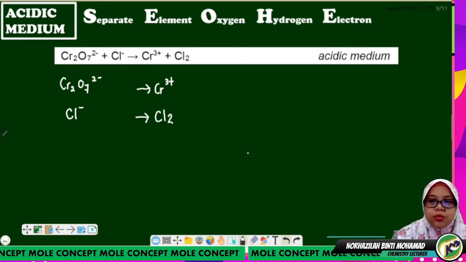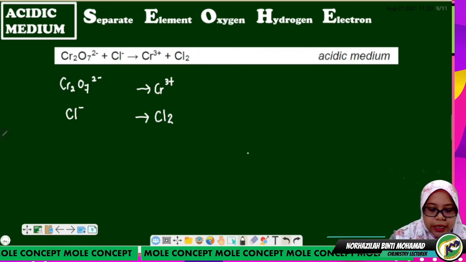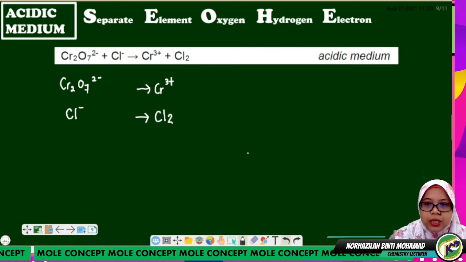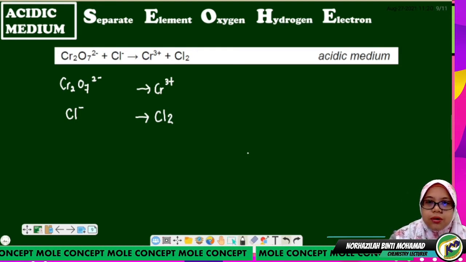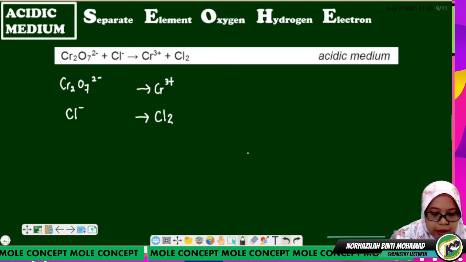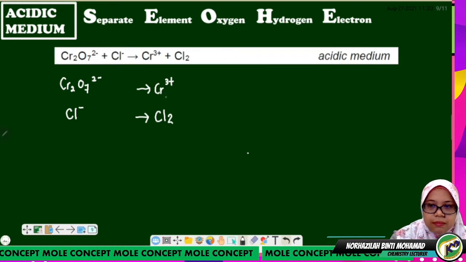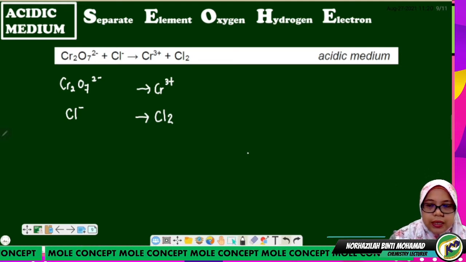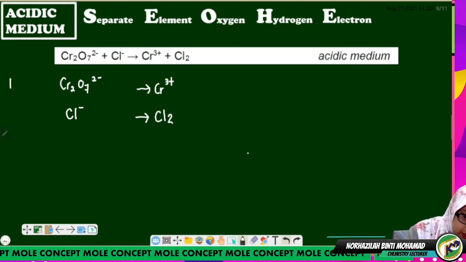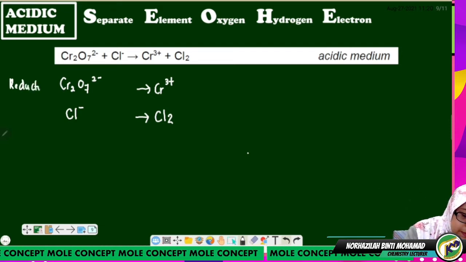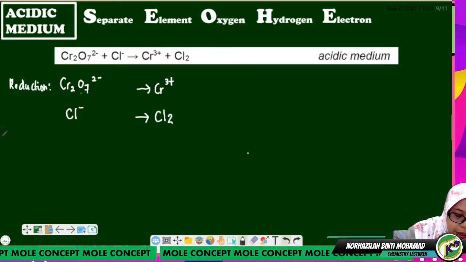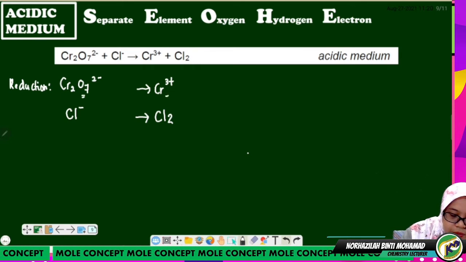Now I need to identify which equation undergoes oxidation and which undergoes reduction. Based on the number of oxygen, we look at Cr2O7. Cr has lost oxygen, which means Cr2O7 2- has undergone reduction, because comparing the number of oxygen, this one has 7 and this one has no oxygen.